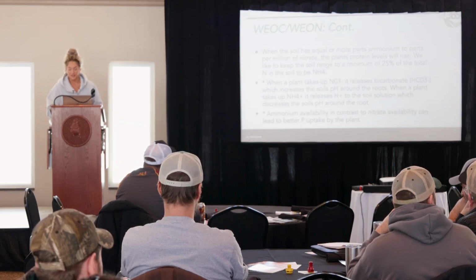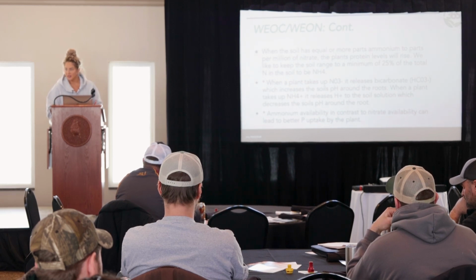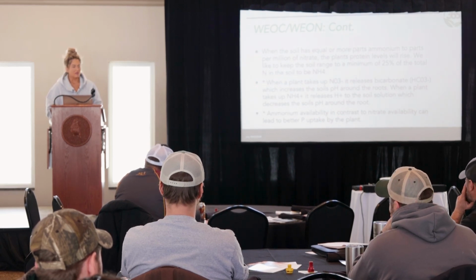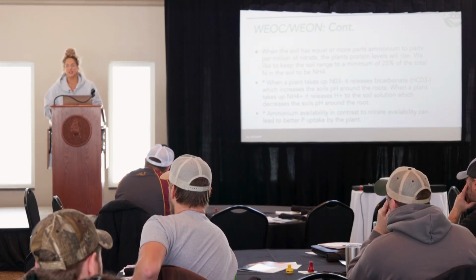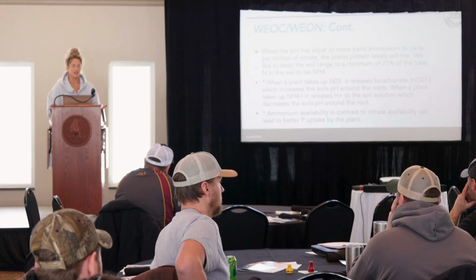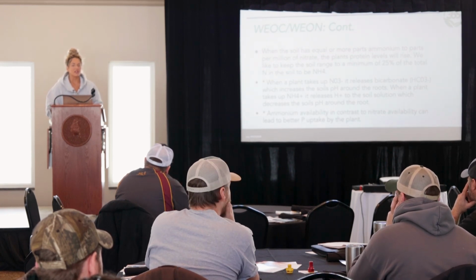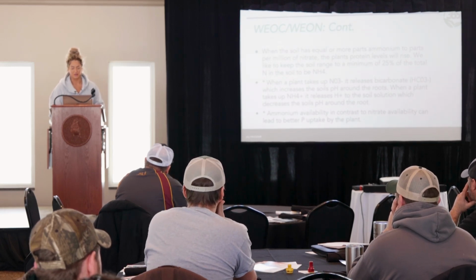And in addition to this, when you have an excess of one or the other, so for example, if you have more ammonium in the system versus nitrate, you're going to hinder the uptake of potassium, mag, and calcium, whereas vice versa, if you have more nitrate in the system, it's going to be harder to take up sulfur and it will potentially leach out calcium as well.